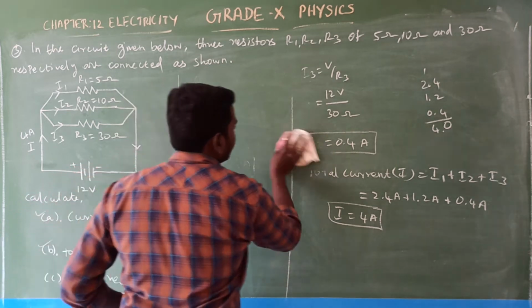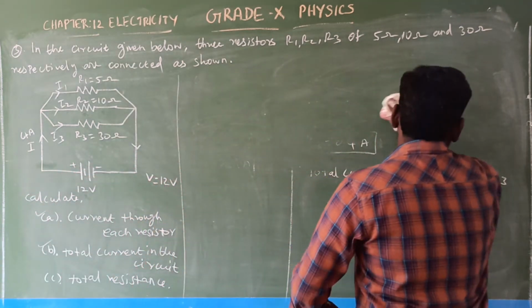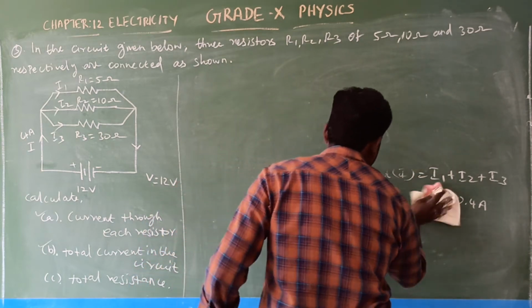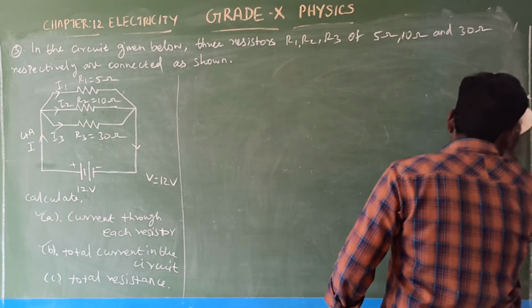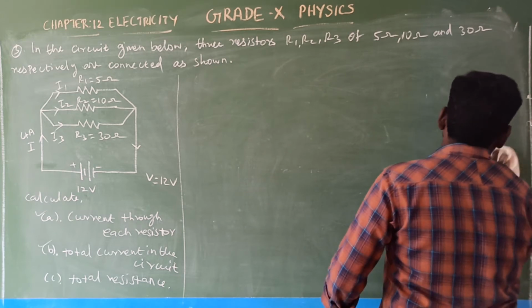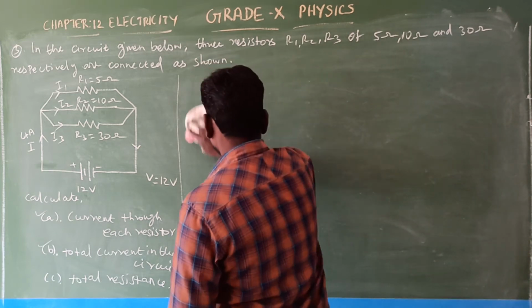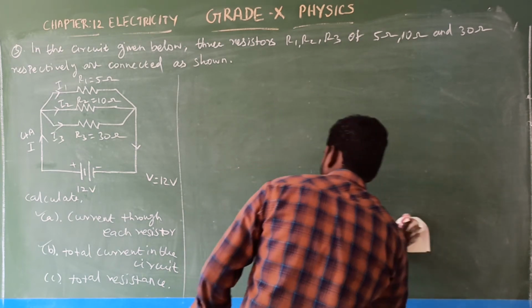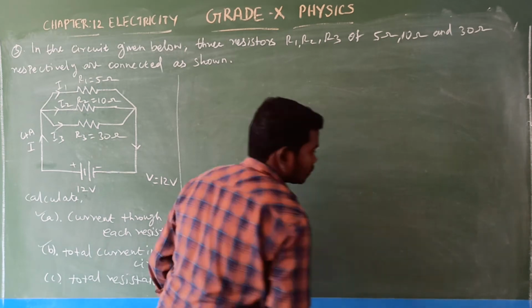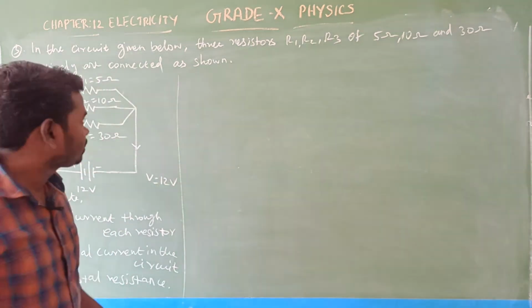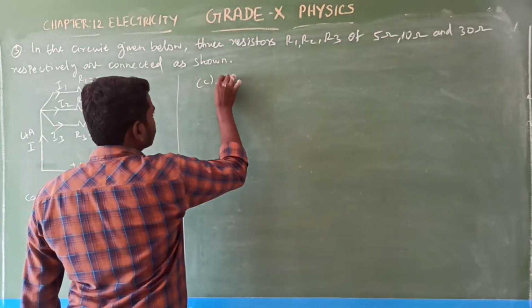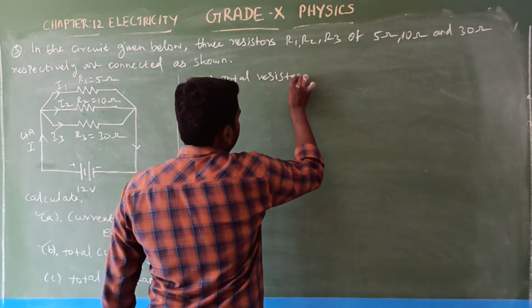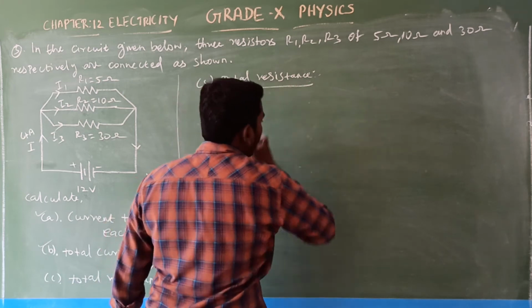So next we need to calculate the total resistance value. Third one, what is that? Total resistance in this combination.